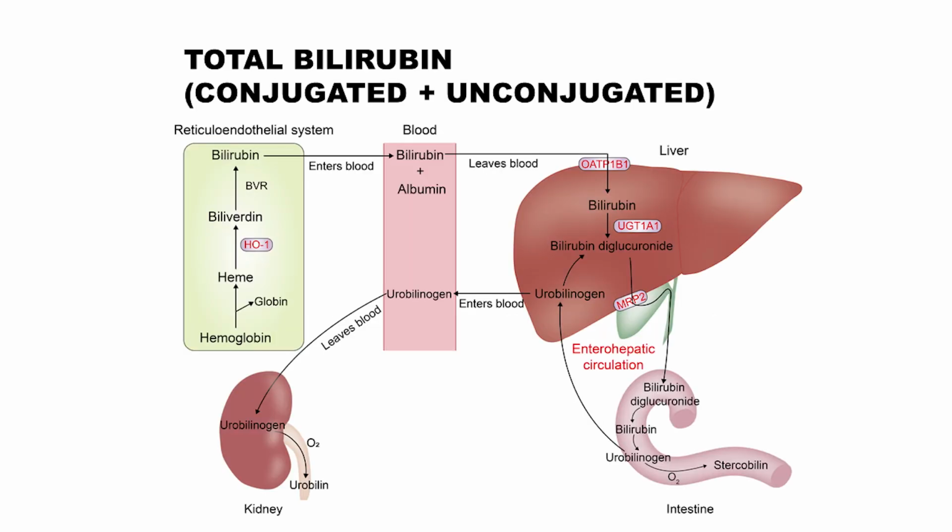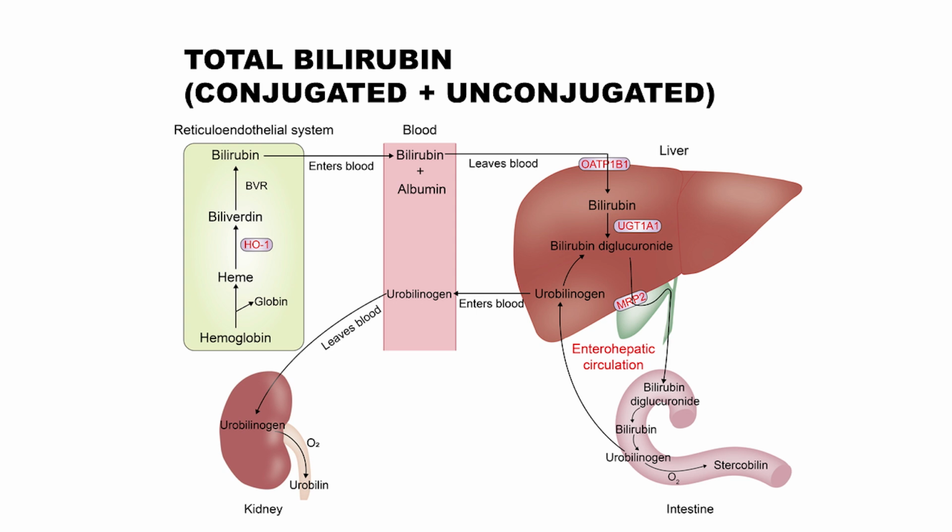Bilirubin is a yellow lipid-soluble end product of heme catabolism, primarily from hemoglobin breakdown. The insoluble unconjugated, indirect bilirubin is transported in blood bound to albumin. The liver conjugates it via UDP glucuronyl transferase into water-soluble conjugated direct bilirubin, which is excreted in bile.